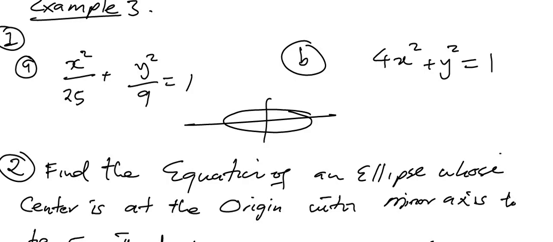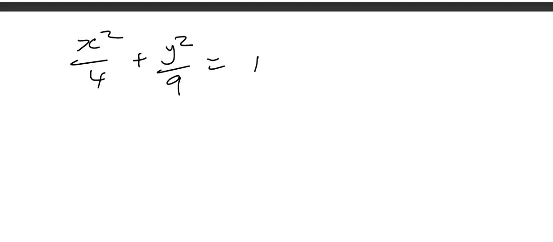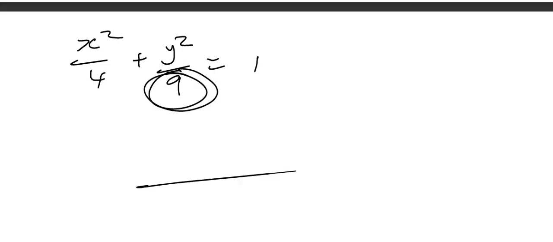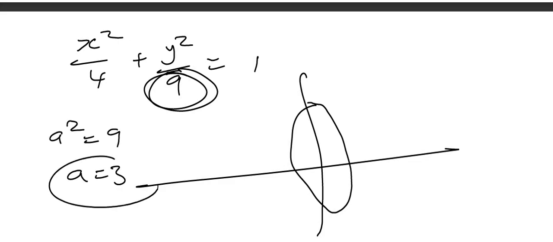If it was x squared over 4 plus y squared over 9, the bigger number is 9, which is a, and it's under y, meaning the major axis is going to be the y-axis. And 9 is going to be a squared, so that a becomes 3. Then this is b, and b is supposed to be 2, the square root of 4. You get it now, okay?